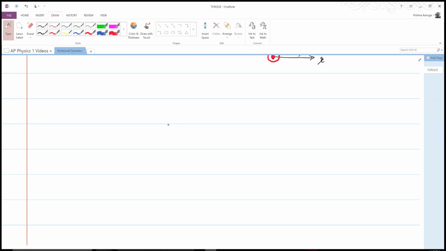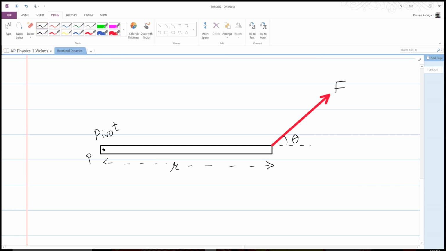Now there is another way of looking at the torque. In order to do this, let us consider the original picture that we had. If we make a couple of adjustments to this picture, we'll be able to look at this alternative definition for torque.